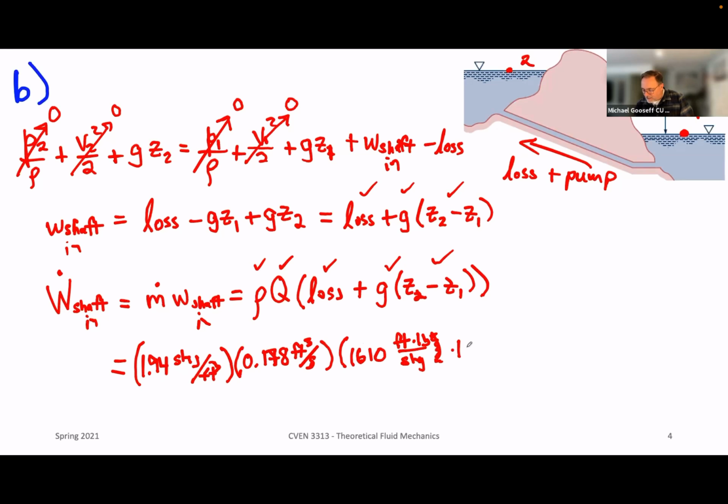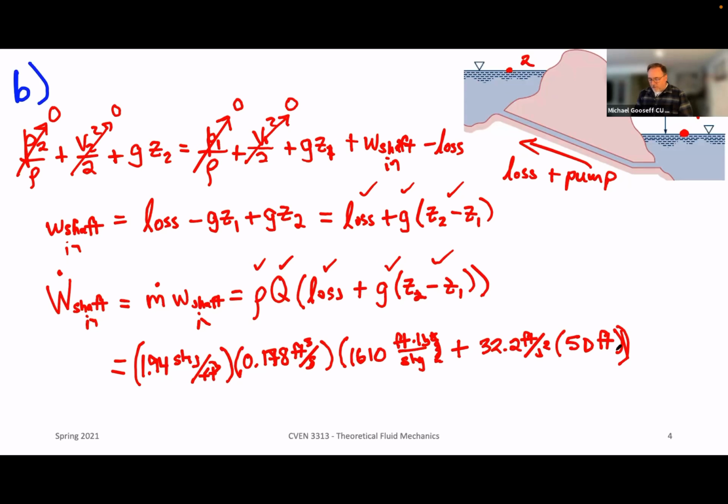Then we add this other quantity here. So we've got 32.2 feet per second squared times, in this case now, just 50 feet minus 0 feet, but we'll just leave it at 50. Close the bracket on that.